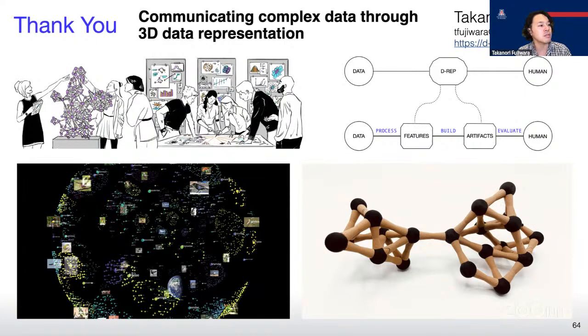Basically, in this project, we discussed with the bioinformatics scientists whether this much decluttering is acceptable or not. So it really depends on the situation. We just need to communicate with the users or presenters about what they want to convey.